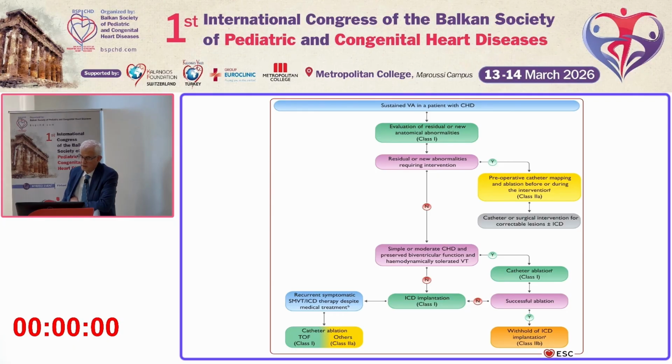And then if the patient has no significant abnormalities, we go for catheter ablation if there are significant underlying problems with moderate or severe congenital heart disease. We can either go for ablation, then an ICD, or if there are mild underlying problems, we can do ICD implantation. And if there are significant arrhythmias afterwards, then we can do a catheter ablation afterwards.